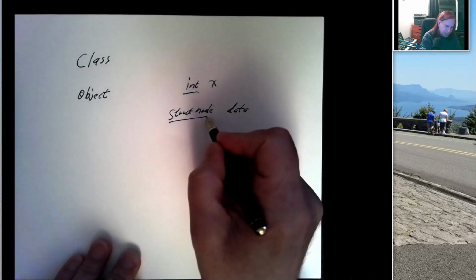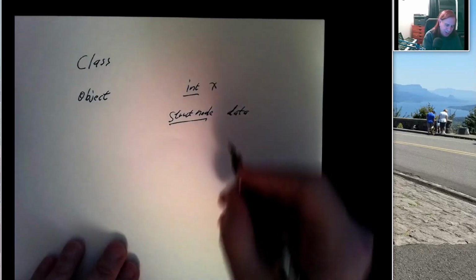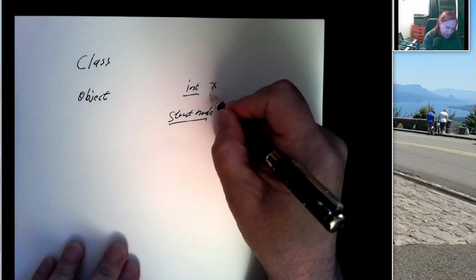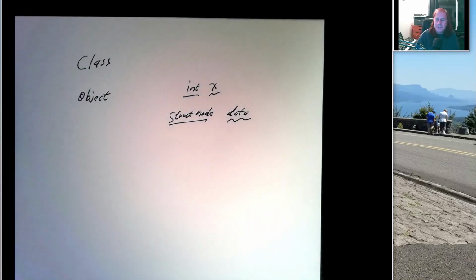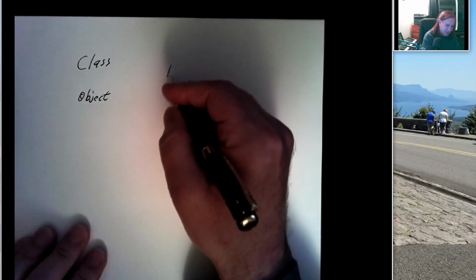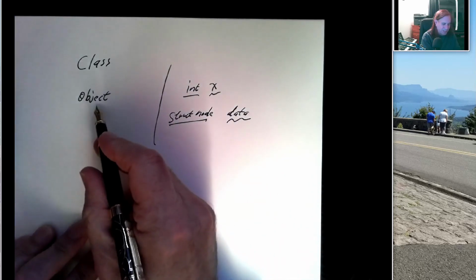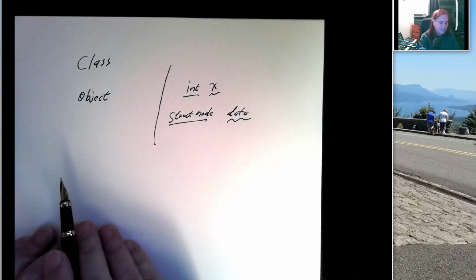This thing or this thing, that's a type of a variable. That roughly corresponds to what a class is in Java. And these things, data and x, those roughly correspond to what we'll call an object in Java. The way we actually think about it, though, is an object is a particular version of some sort of class.